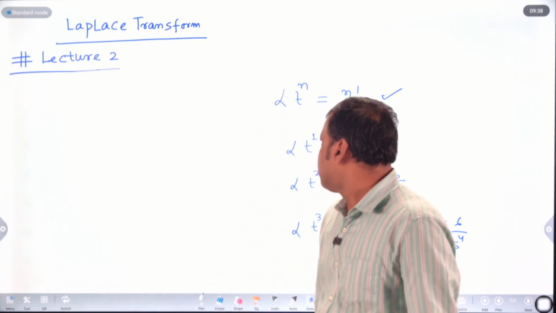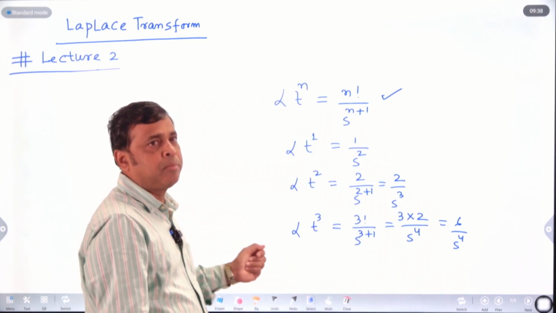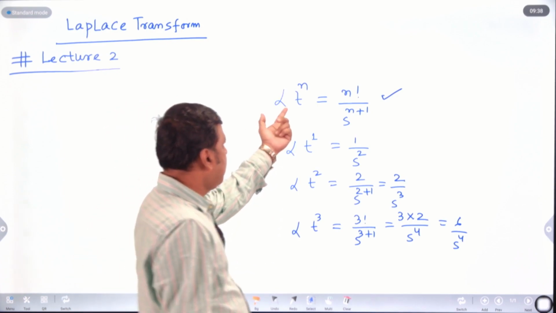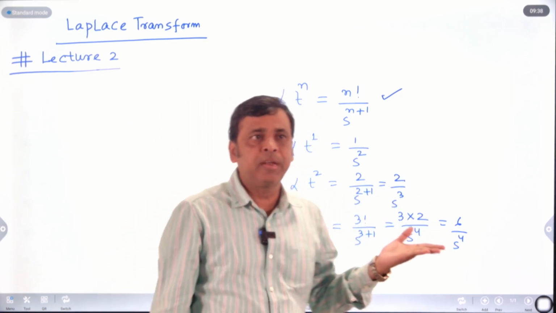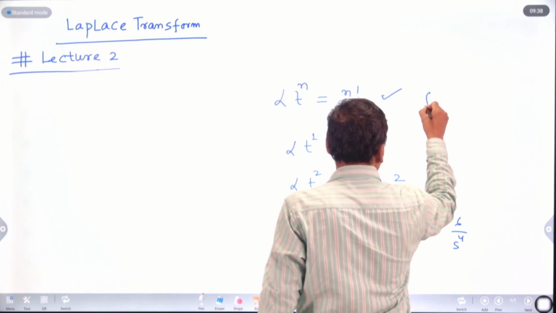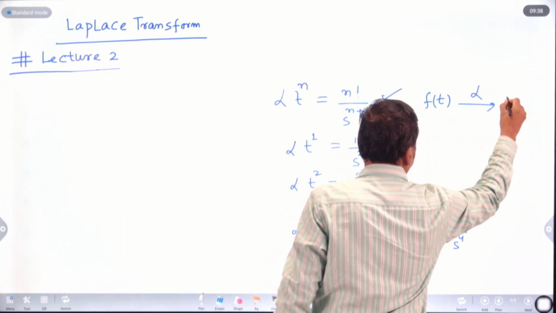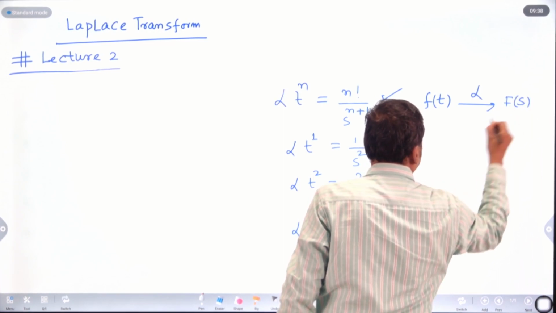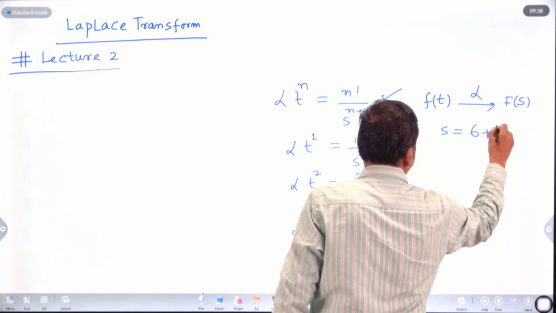In the previous class I already told you and derived how to find the Laplace transform of t. Here t is in the time domain. In Laplace transform we convert the time domain into the frequency domain. If f of t is the time domain function, the Laplace transform of f of t is F of s, where s equals sigma plus j omega.